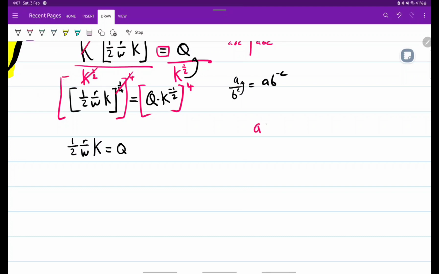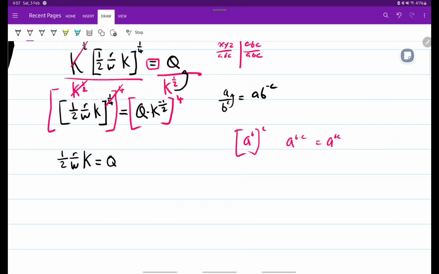So when you have an exponent raised to another exponent, you're just going to multiply those exponents across. In this case, we have -1/2 times 4.